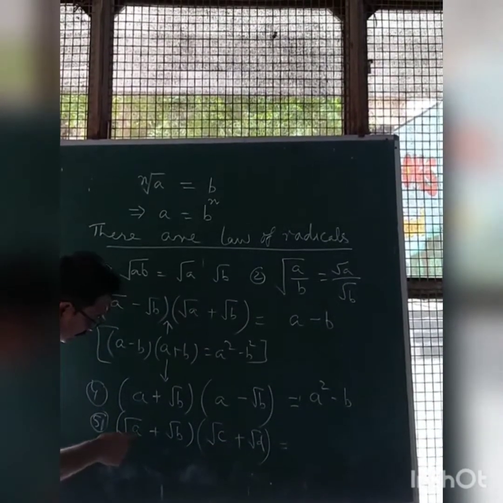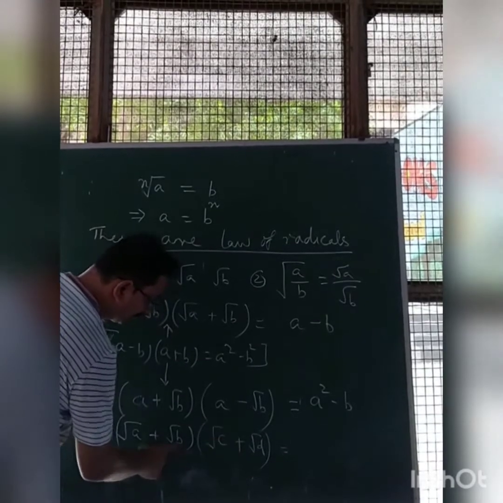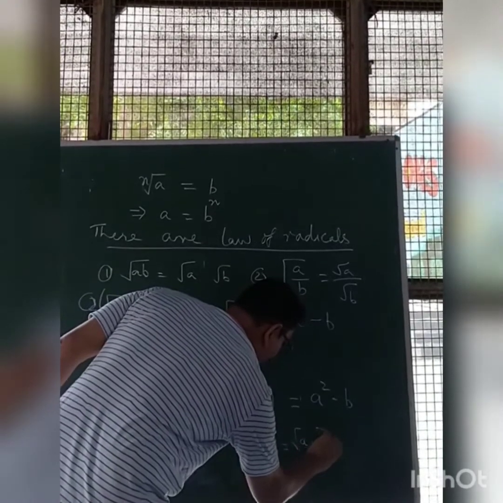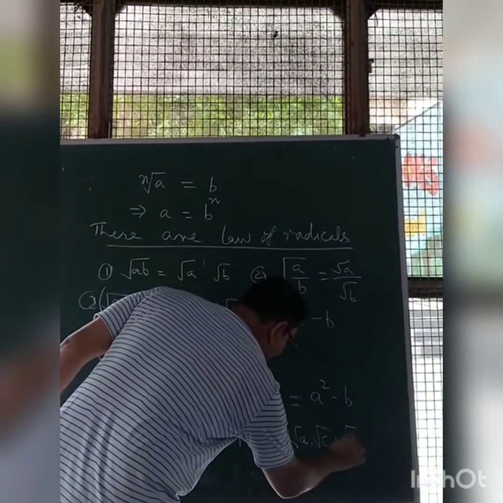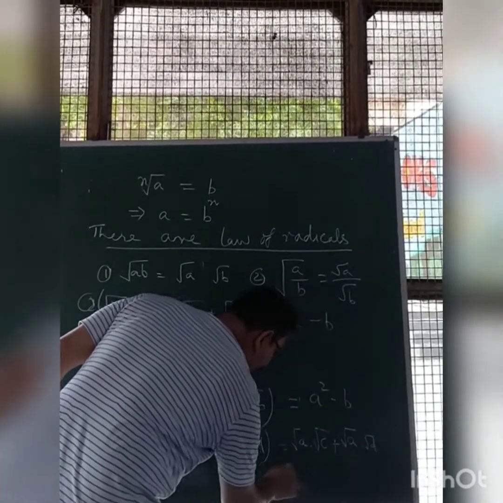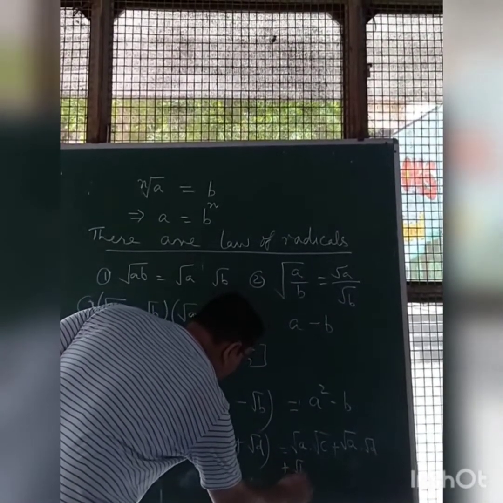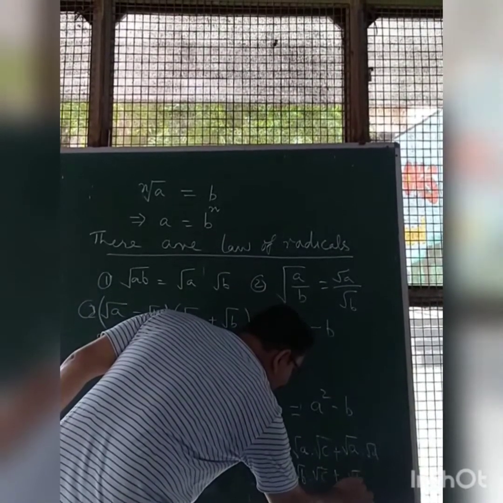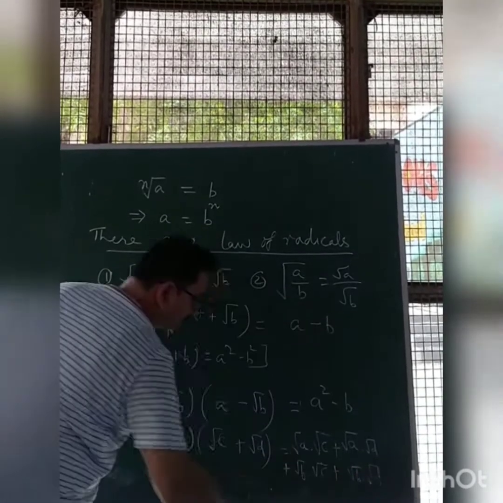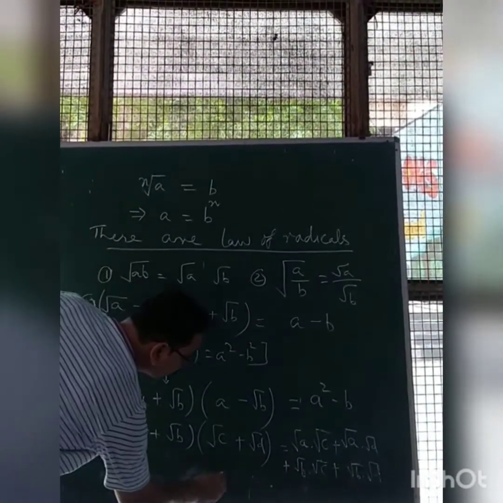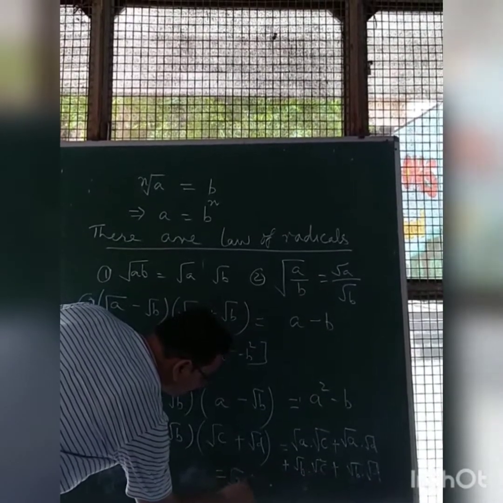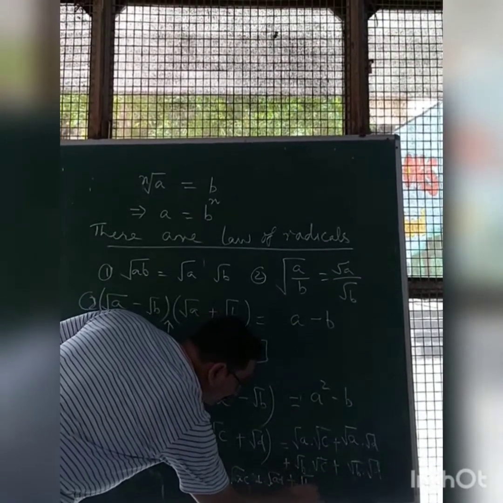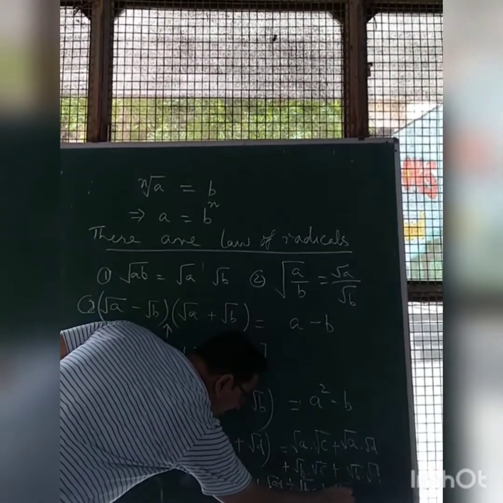So we will multiply first this by both and then this by both. Under root a into under root c plus under root a into under root d plus under root b into under root c plus under root b into under root d. And then we have under root ac plus under root ad plus under root bc plus under root bd.